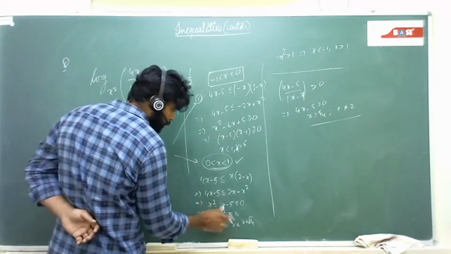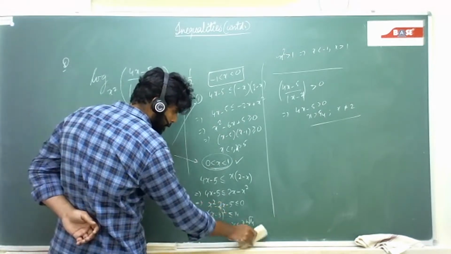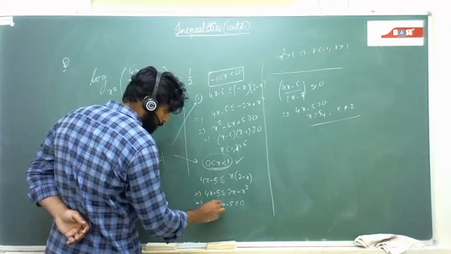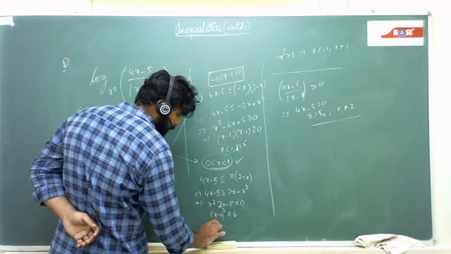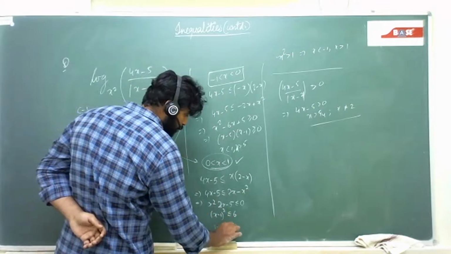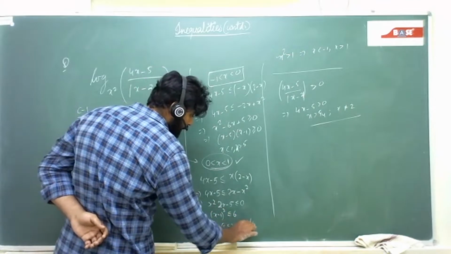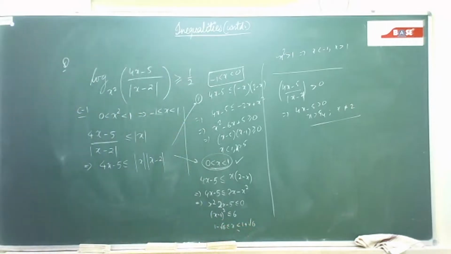Okay, that one I think is coming 2 here. So it is (x minus 1) whole square less than equals to 6. So 1 minus root 6 to 1 plus root 6. Minus 1 minus root 6, 1 minus root 6.